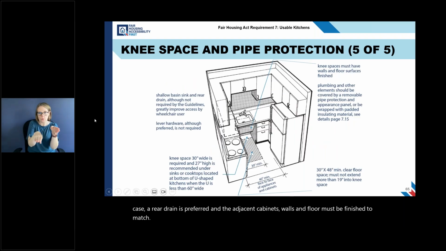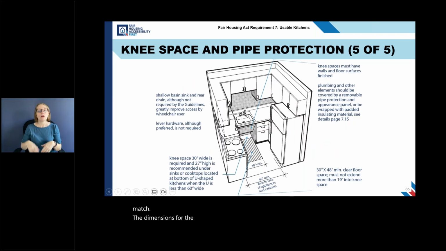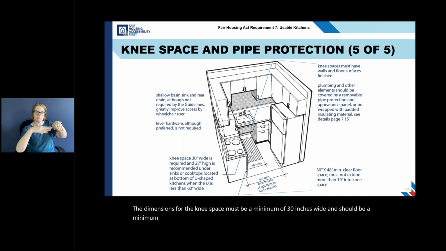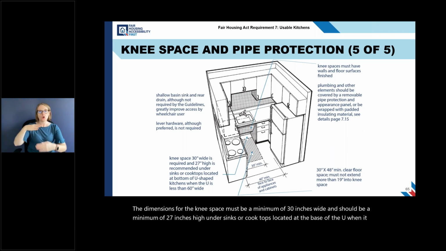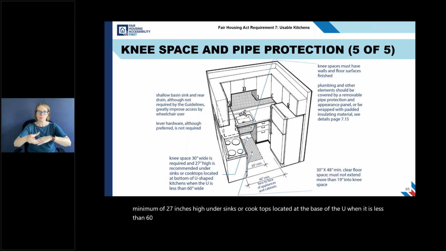The dimensions for the knee space must be a minimum of 30 inches wide and should be a minimum of 27 inches high under sinks or cooktops located at the base of the U when it is less than 60 inches wide.